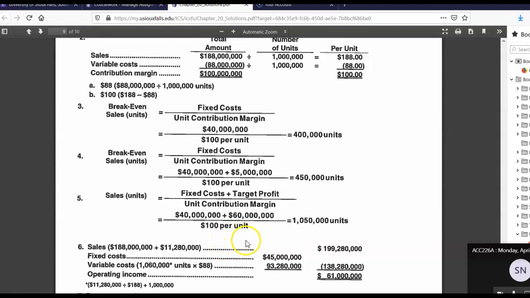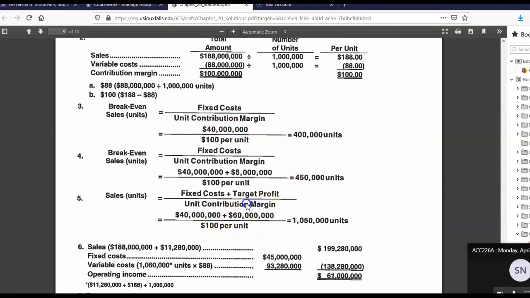Number 5, it says determine the amount of sales that would be necessary underneath the proposed program to realize the 60 million of operating income. Well, look at there. So that's that hurdle, right? We know what our fixed costs are, but we want to realize yet another 60 million in income. So here up in number 3, here's our fixed. 400,000 will make us just break even. Well, we don't want to just break even.